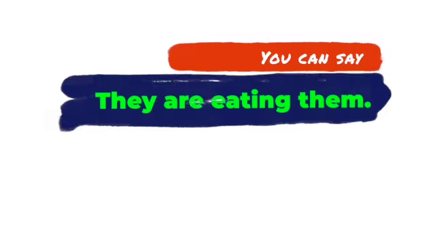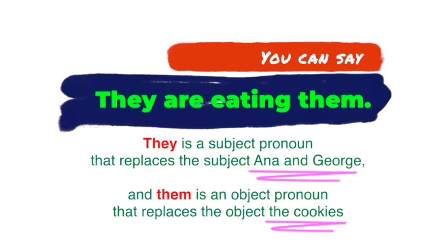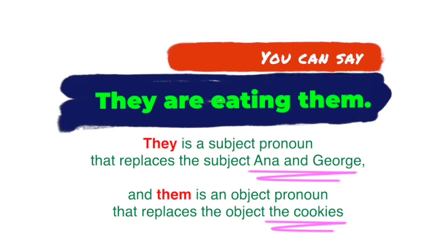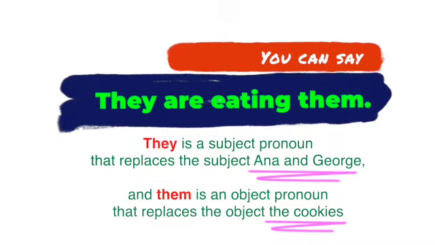You can say they are eating them, because they is a subject pronoun that replaces the subject, Anna and George, and them is an object pronoun that replaces the object, the cookies.